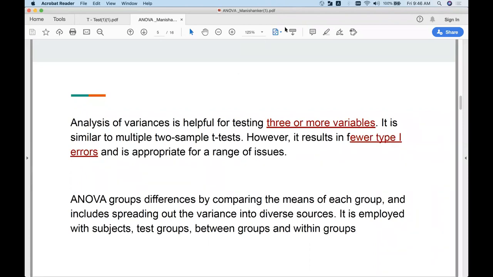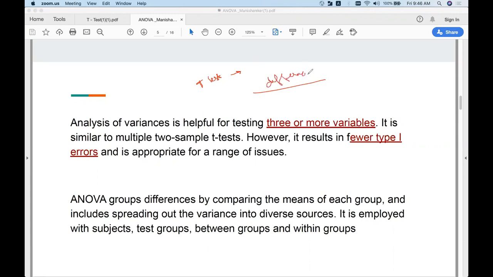Now, if you remember the t-test, what is your t-test value? The t-statistic in that is basically, what was your numerator? The difference in means, the means of two populations, divided by the difference within the samples.